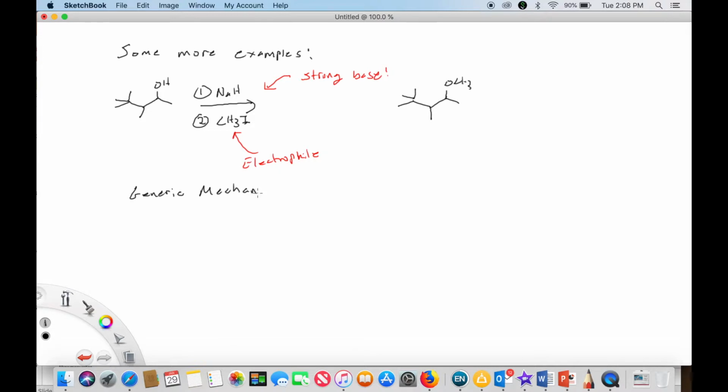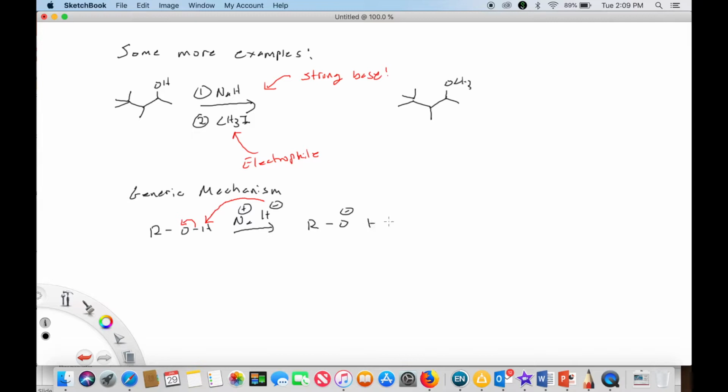It's going to go through this sort of generic mechanism that I'm going to show you here, where whatever the alcohol is, I'll just replace all the stuff around it with R. And then you have, of course, your sodium hydride. What you're going to see is the H minus go over here and pick up the proton off of the oxygen. So now you have your alkoxide.